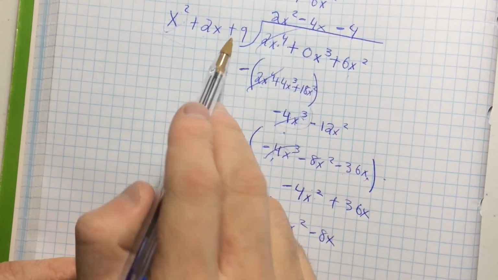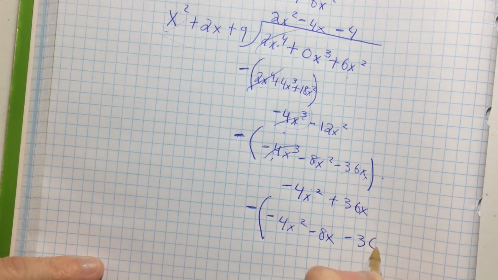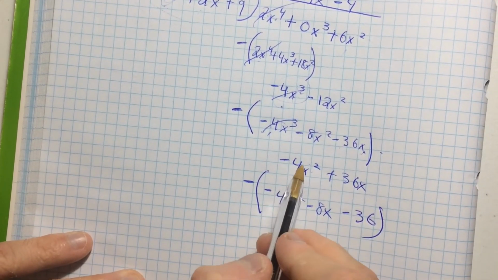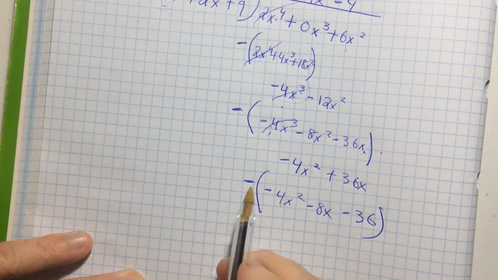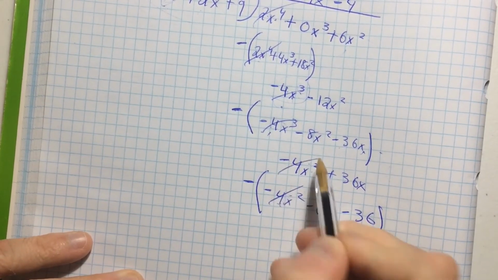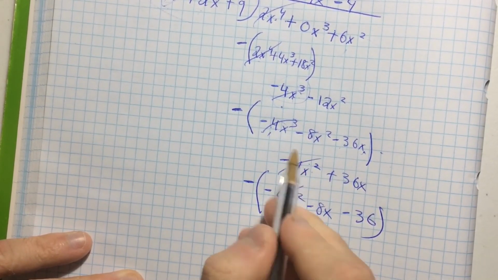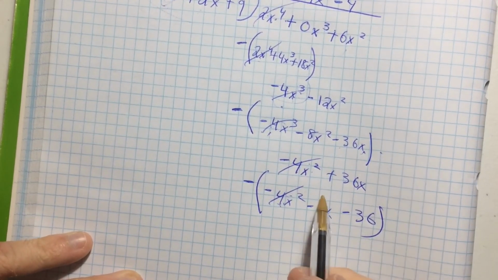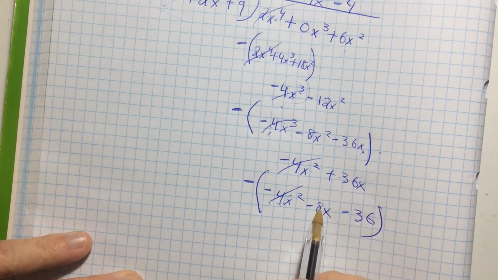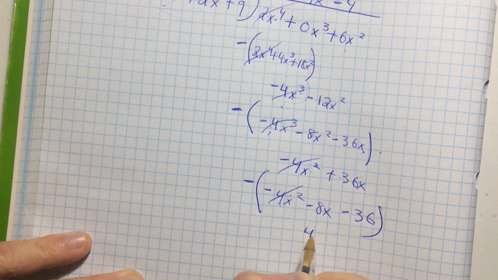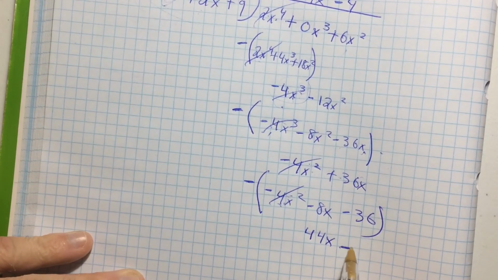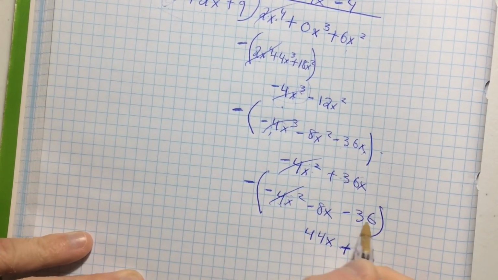Now minus 4 times 9, that's minus 36. Bracket closed. So, minus 4x squared plus 4x squared, because the minus sign applies to the whole bracket, these guys cancel each other out, so that's 0x squared. Now, 36x plus 8x, that's 44x, and minus 36, plus 36 because of the minus sign.